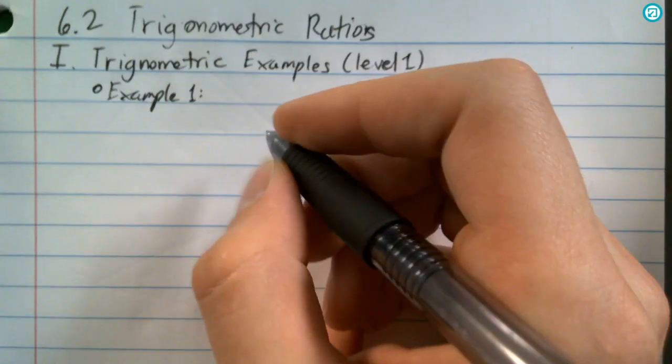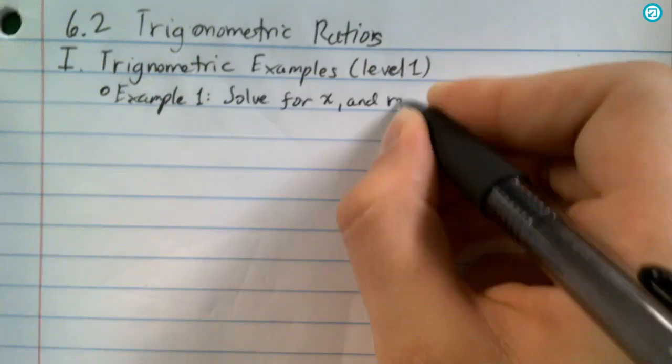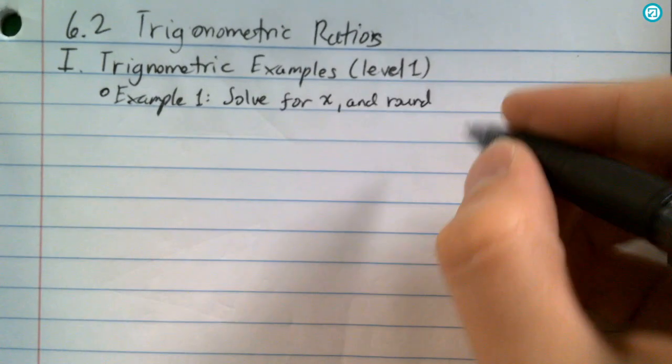Okay, we're going to solve for x and round to the nearest tenth, if necessary, on the following triangle that I'm going to draw.